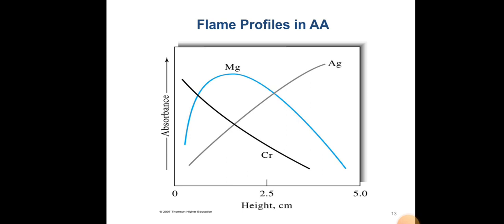The reason is that chromium can be oxidized easily, but silver cannot be oxidized easily. For this reason, it is better to use more height for silver and less height for chromium.